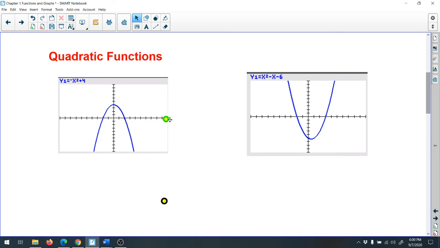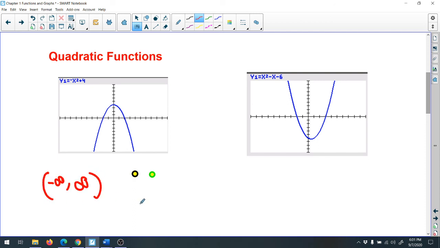You see, this is our domain, the green point. The conclusion is that our domain is from negative infinity to positive infinity. From negative infinity to positive infinity. And here is the same, from negative infinity to positive infinity.